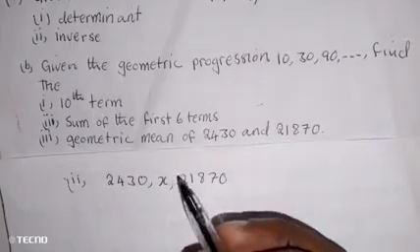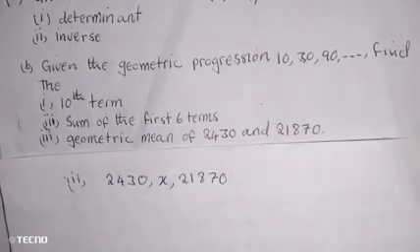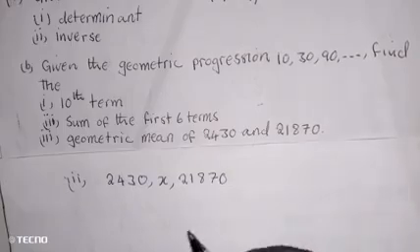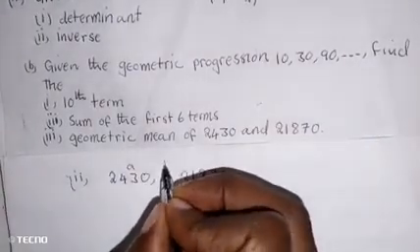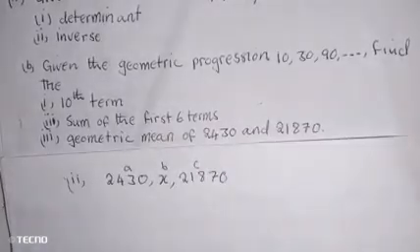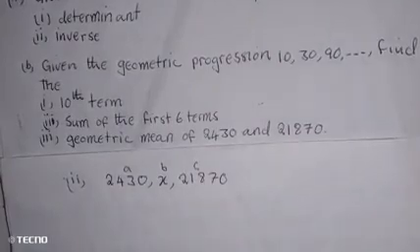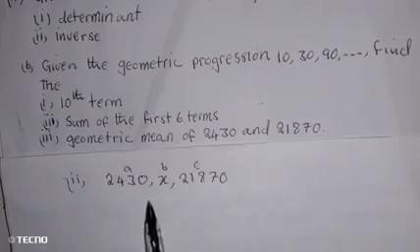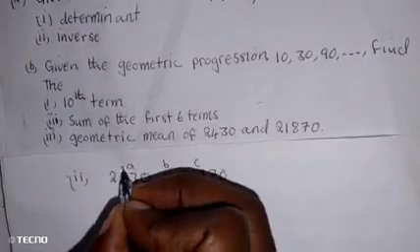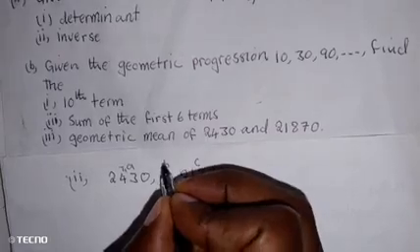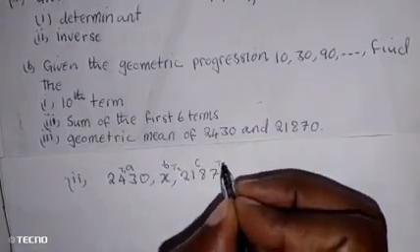If you are finding it difficult to memorize the formula we use for the mean, you can say this is A, they are consecutive, this is B, and this is C. Or if you don't want to use letters, you can simply say this is the first term, this is the second term, and this is the third term.